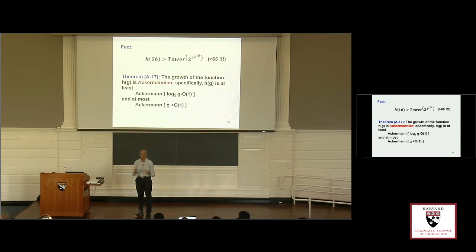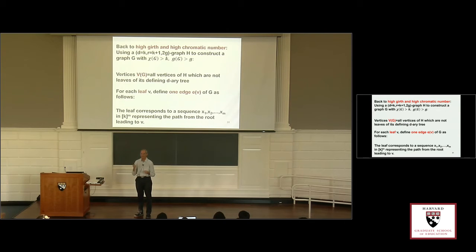I still want to show you one thing, namely how to use this DRG graph. They are useful for several things, but I want to show you only one: how to use them to construct quickly graphs of high girth and high chromatic number explicitly. Here is how we do it.